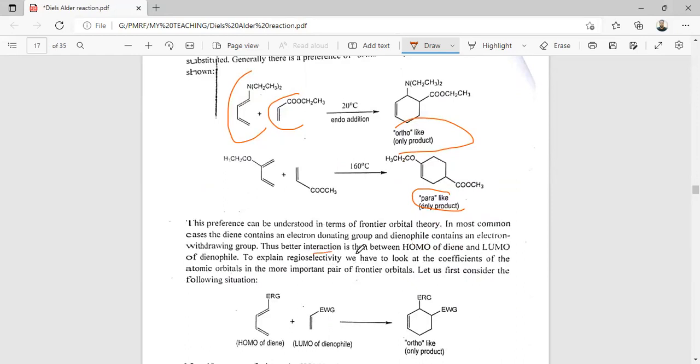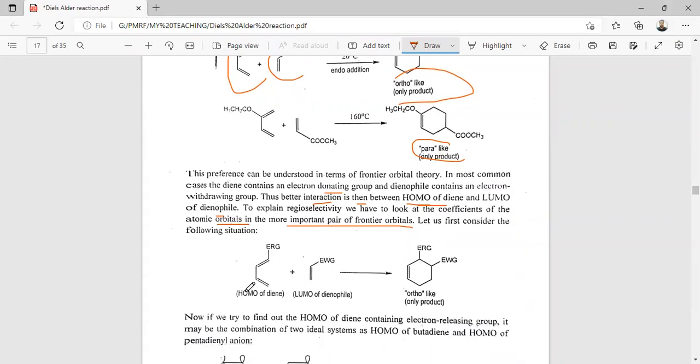Thus, the main interaction is between the HOMO of the diene and the LUMO of the dienophile. To explain the regioselectivity, we have to look at the coefficients of the atomic orbitals in the more important pair of frontier orbitals. Mainly the electronic interaction is between the HOMO of the diene and the LUMO of the dienophile, where the diene contains an electron donating substituent and the dienophile contains an electron withdrawing substituent.